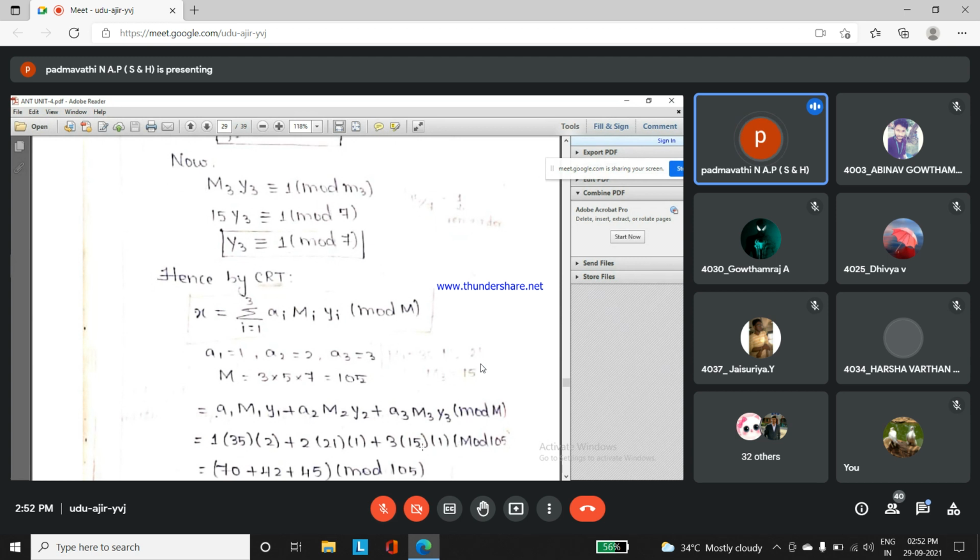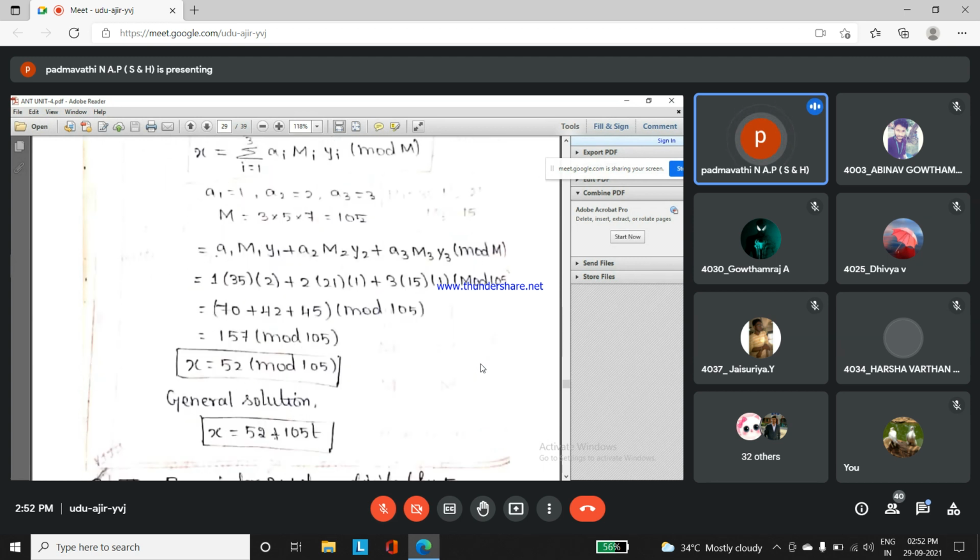Simplify பண்ணனும், that is x is equal to 52 mod 105, okay. So the general solution x is equal to 52 plus 105 into t.